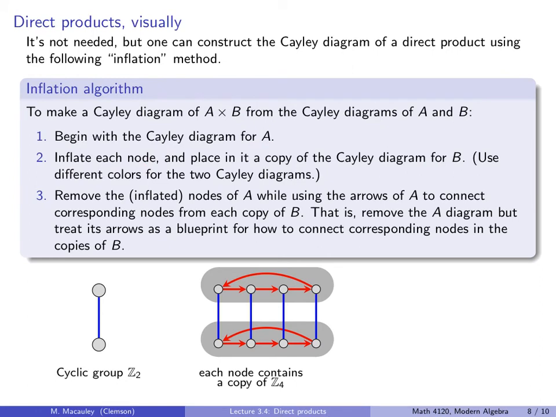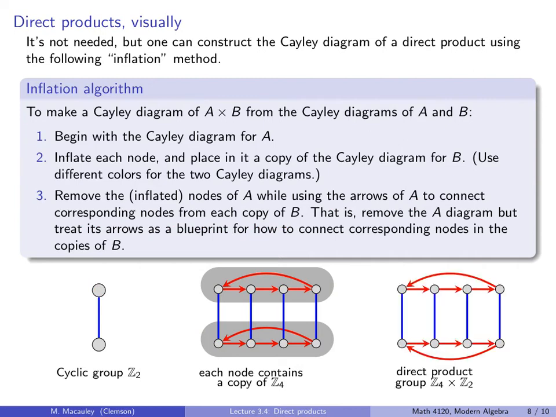There it is. So with this picture, we're actually doing the last two steps, or most of the last two steps. We inflated each node in the original diagram, and we stuck inside a copy of the Cayley diagram for B, that is Z4, and then we also used the arrows of A to connect the corresponding nodes from each copy of B. Now we just are going to burst these two bubbles, and we get the Cayley diagram of the direct product group Z2 cross Z4.